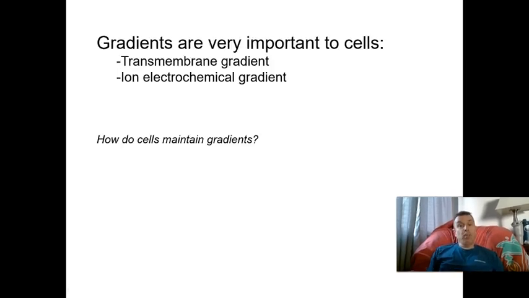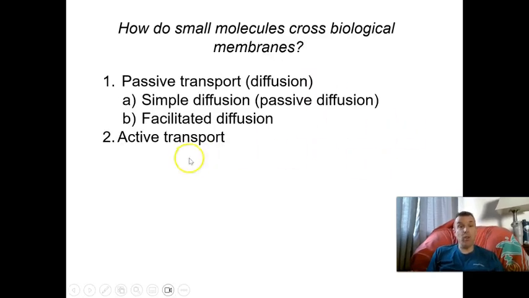So those gradients are very important to cells. So remember how I said at one point, if you reach equilibrium, it's basically because you're dead. So the cells need to maintain a concentration gradient where there's higher sodium outside the cell or higher potassium inside the cell and so forth. So how do cells maintain these gradients? Well, that leads us to our last aspect of membrane transport, active transport.